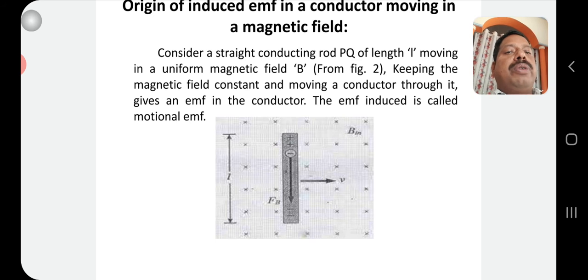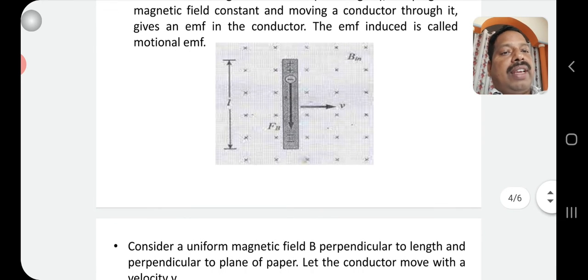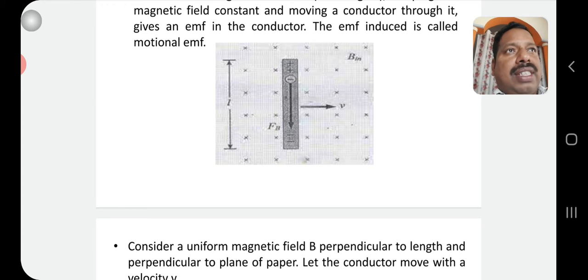The EMF induced is called motional EMF. If you move the conductor in a direction perpendicular to the magnetic field, and the length of the conductor is perpendicular to the direction of the magnetic field, then what happens? The magnetic flux or the magnetic lines of force linking with the conductor changes. The changing magnetic flux will induce an EMF inside the conductor.